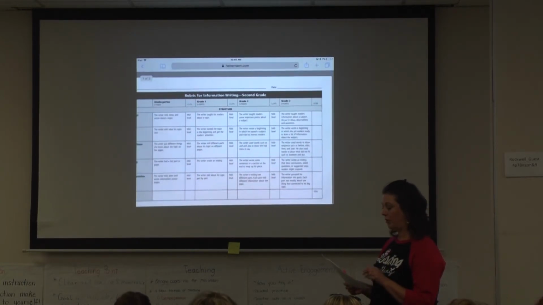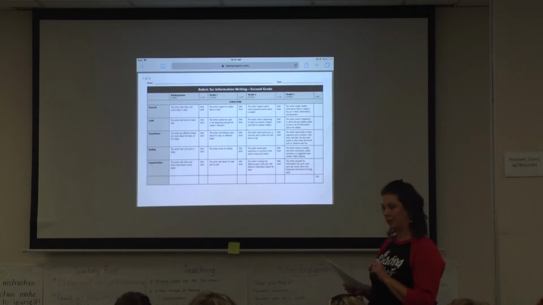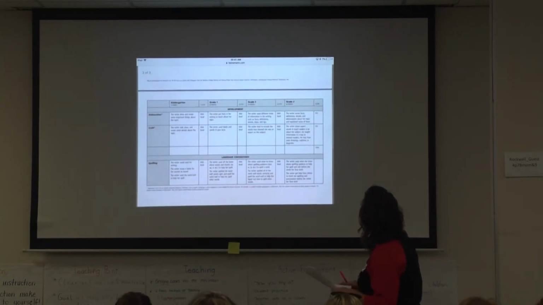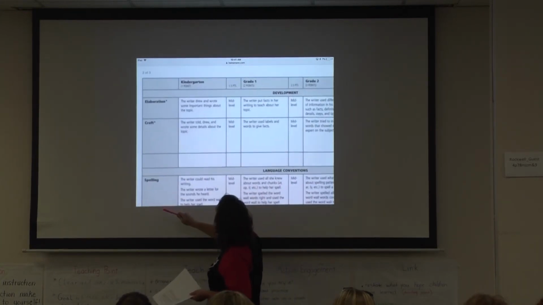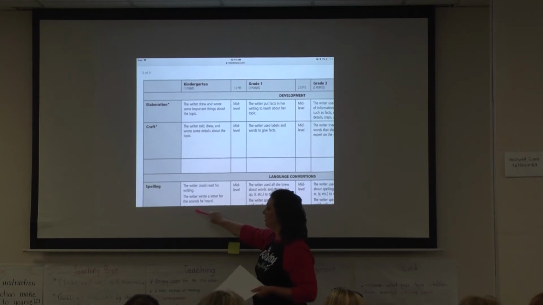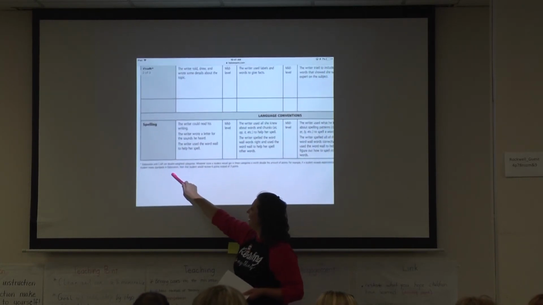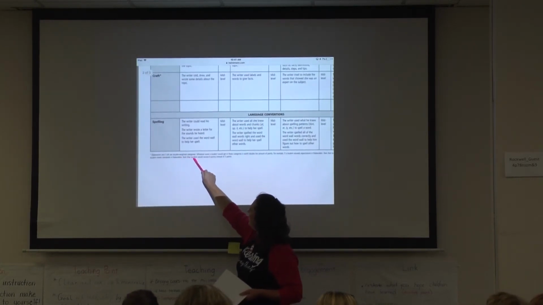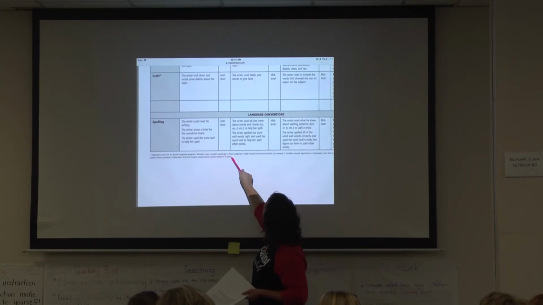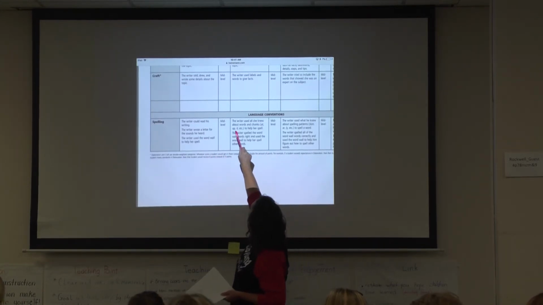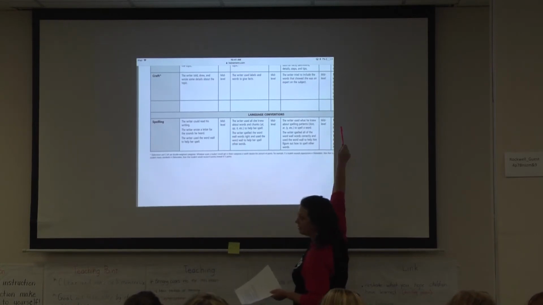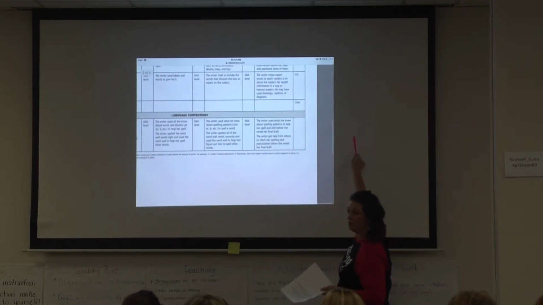It's important for you to know that elaboration and craft are double weighted. Okay, so see the stars? It will tell you down here in the footnote: elaboration and craft are double weighted categories. So whatever they get over here, double it, and we take it over to the total.